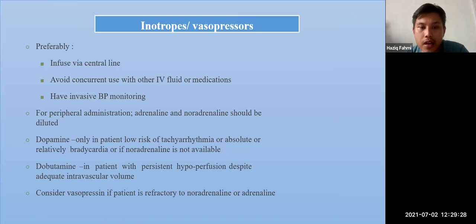The other alternative, we have dopamine and dobutamine. So dopamine is only given in patient with low risk of tachyarrhythmia or absolute or relative bradycardia, or if noradrenaline is not available. So dobutamine is given in patient with persistent hypoperfusion despite adequate intravascular volume. And then also can consider vasopressin if patient is refractory to noradrenaline or adrenaline.